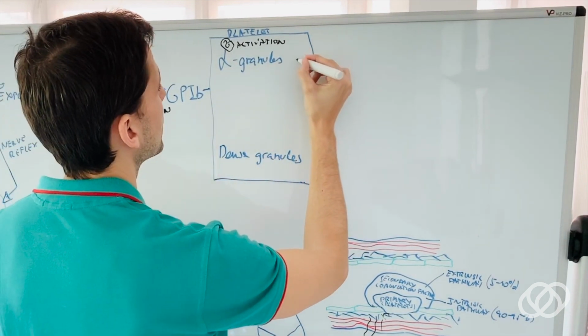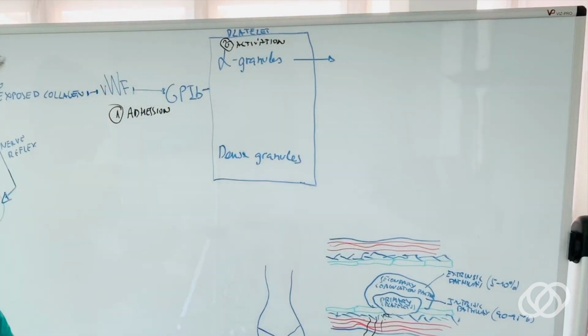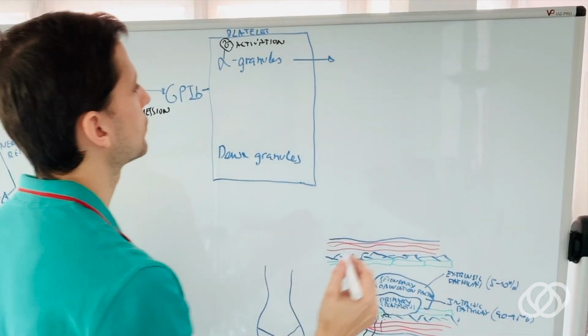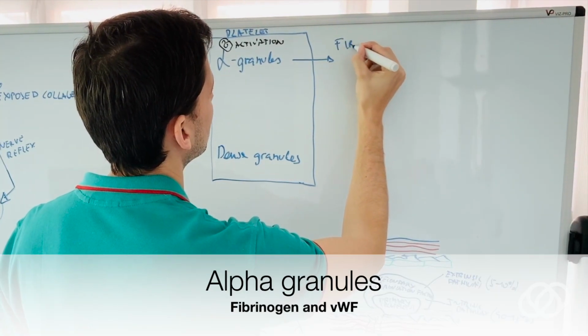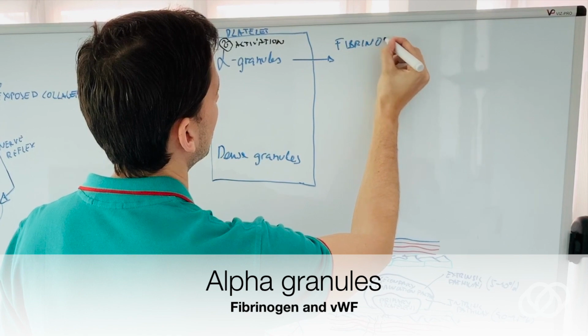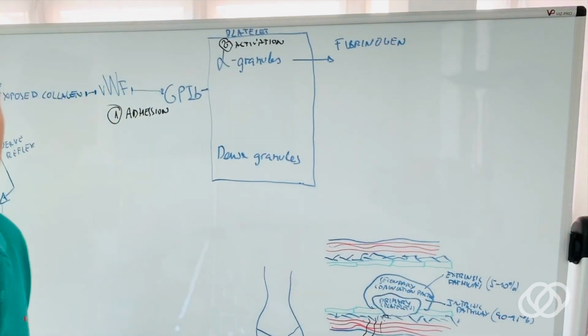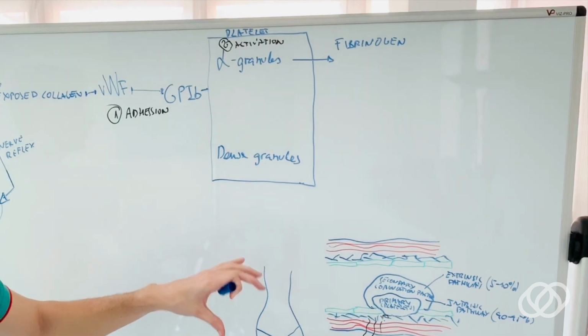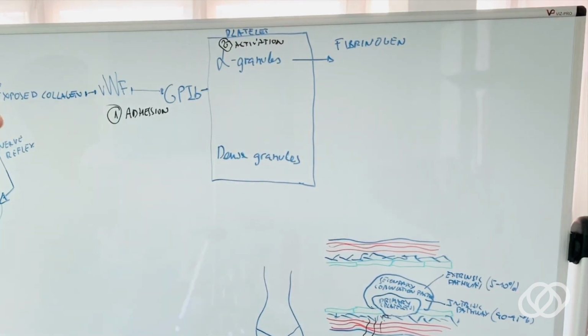So, what do we have inside the alpha granules? Well, we are going to find that it will release fibrinogen. This fibrinogen, we will see, is very useful for the platelet aggregation and also for the secondary hemostasis.